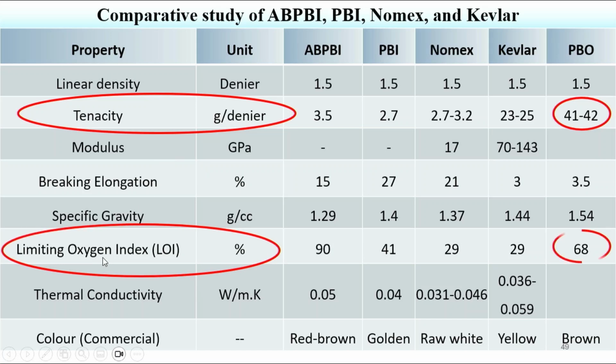For LOI value, PBI is 90 and here it is 68. 68 is very good for PBO fiber in high heat applications. Looking at specific gravity and modulus, and breaking elongation of 3.5%, PBI fiber has higher breaking elongation.